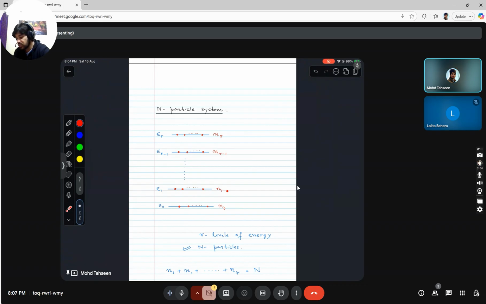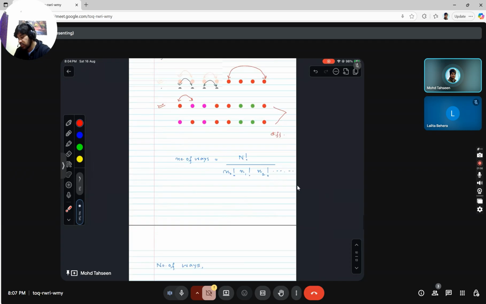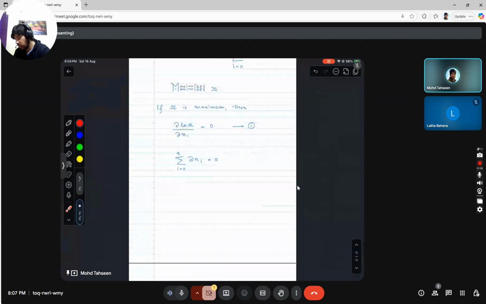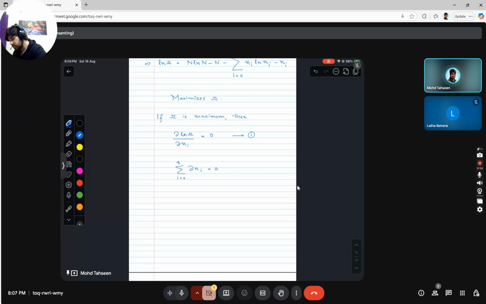Because here we have a plus 1, here we have a minus 1, so these two changes cancel each other. And similarly, if you sum those changes for all i, that should be 0, right? So this is our second constraint now, a constraint that must be obeyed at all times.